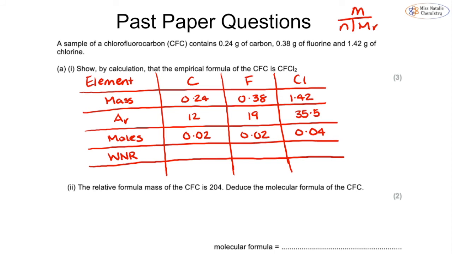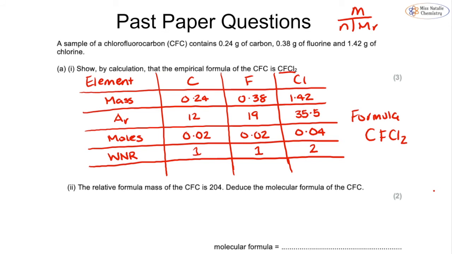So we're going to divide each of them by the smallest number, so 0.02 being our smallest, which would give us a ratio of 1 to 1 to 2, meaning our formula is 1 carbon, 1 fluorine, and 2 chlorines, which is exactly what it says in the question. So this is actually quite a good way to ask this type of question, because if you do not get the empirical formula that they've mentioned in the question, you know you've done something wrong. So it allows you to go back and fix your mistake.